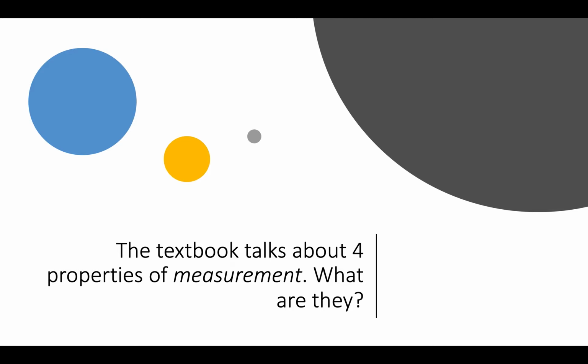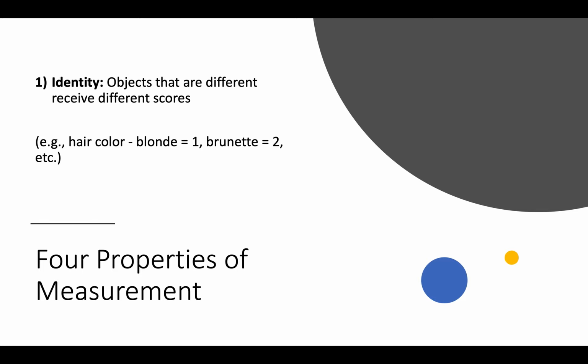All right, so now we're going to talk a little bit about the four properties of measurement and what they are. So, first we have identity, then magnitude, equal unit size, and absolute zero. And we're going to go over each one of these in a little bit more detail. So first we have identity. And identity here simply means that objects that are different receive different scores.